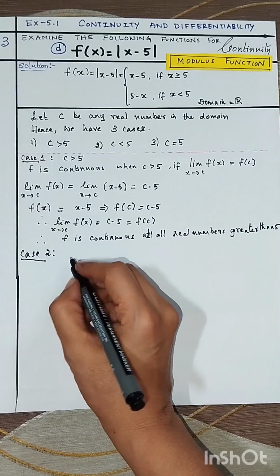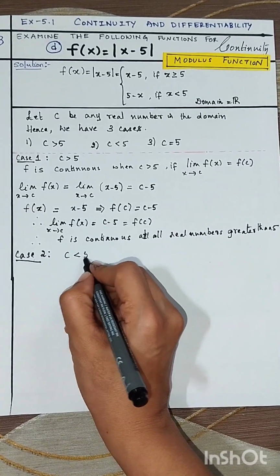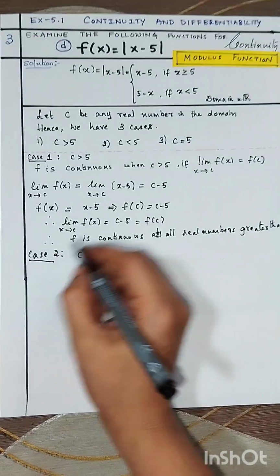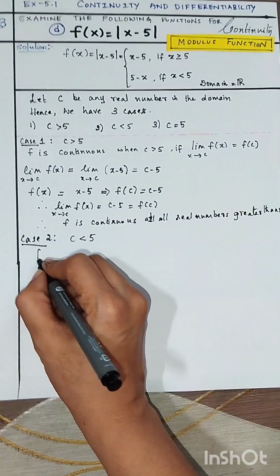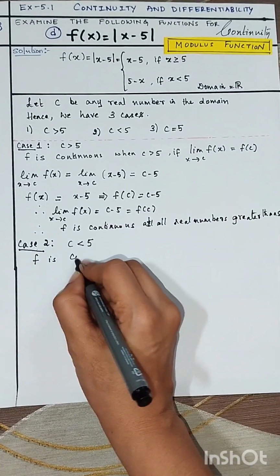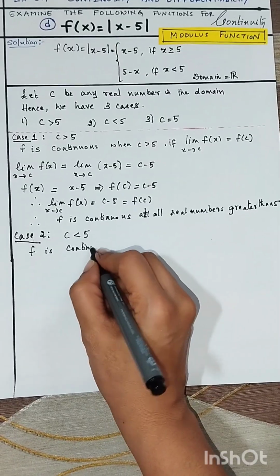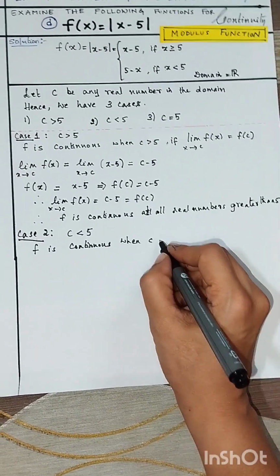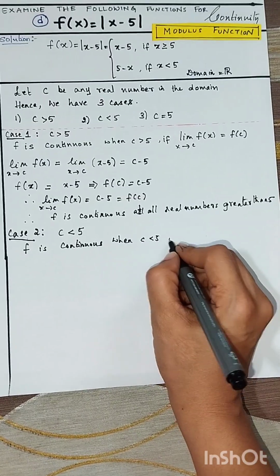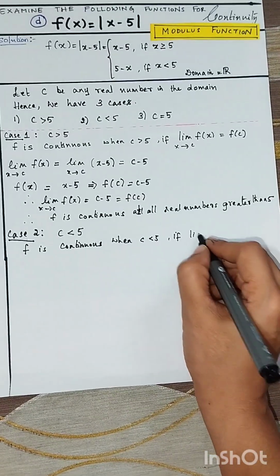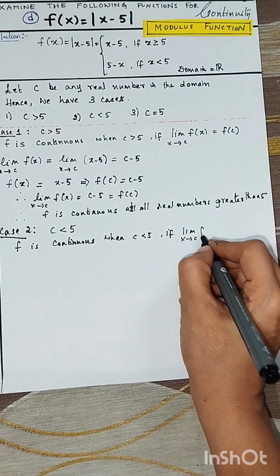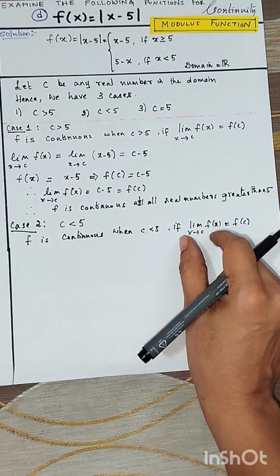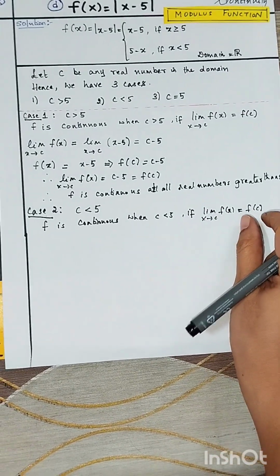So case 2, they have given C less than 5. So all the points that are less than 5. The same thing we will write: f is continuous when C is less than 5 if limit x approaches C, f of x is equal to f of C. We'll prove LHS and RHS.